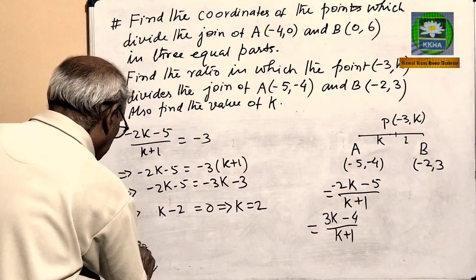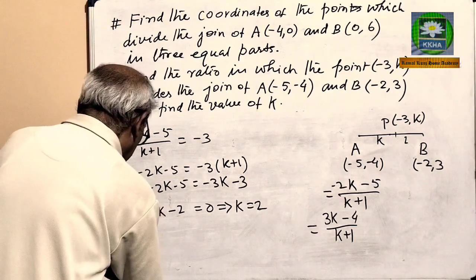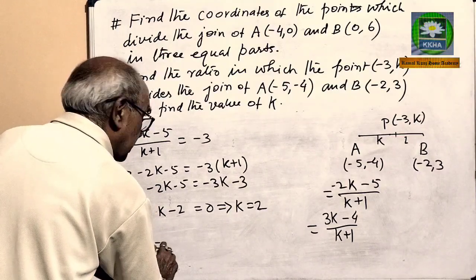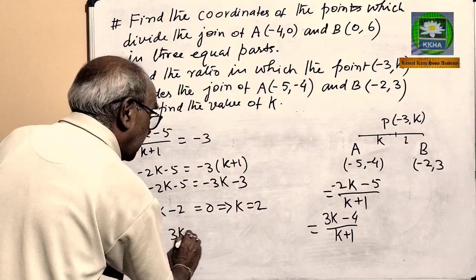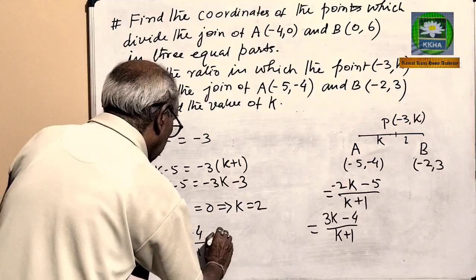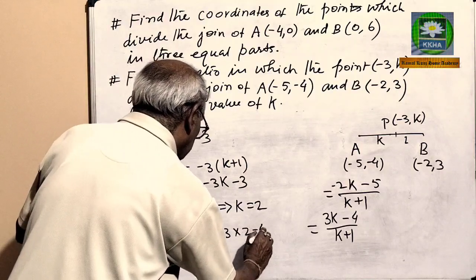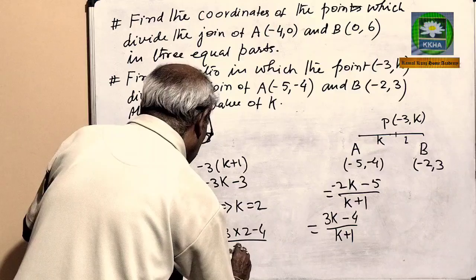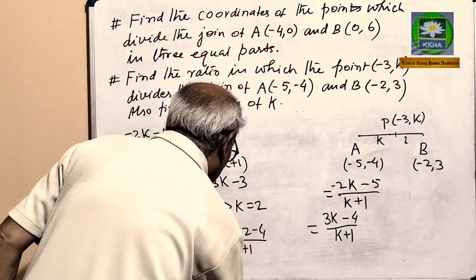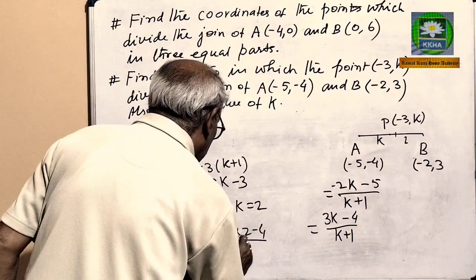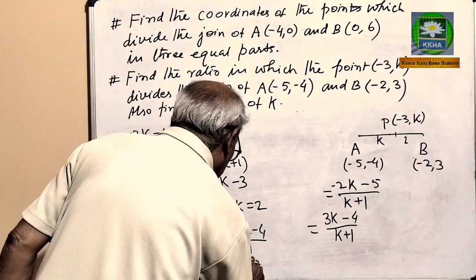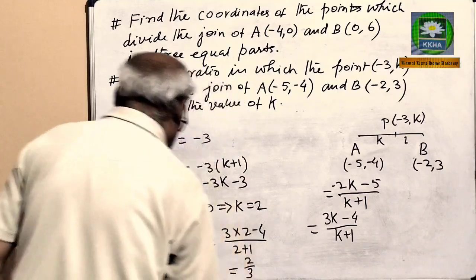Therefore, y is equal to 3k minus 4 upon k plus 1, that is 3 into 2 minus 4 upon 2 plus 1, which is 2 upon 3.